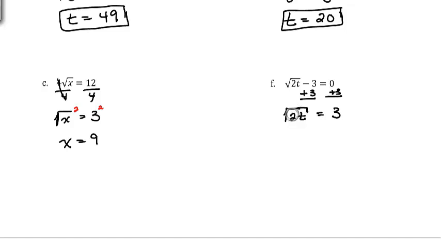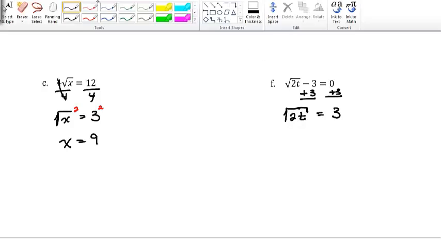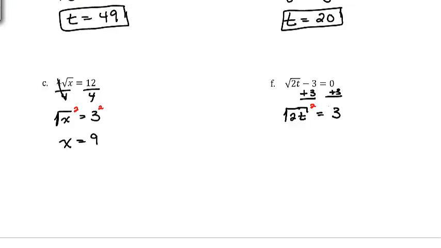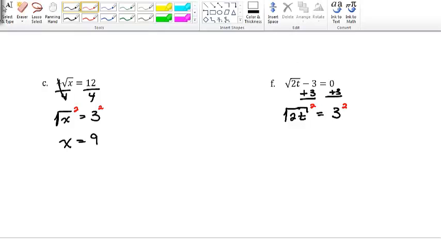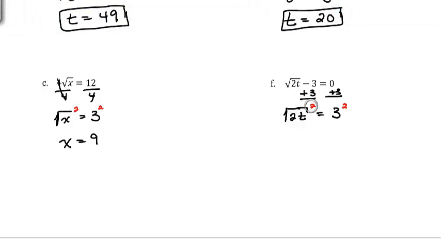Then we want to undo this square root now, so that means square both sides. The square root and the square undo each other, leaving you with 2t. And 3 squared is 9, and then we need to divide by 2 to get t by itself. And so we get t is equal to 4.5.